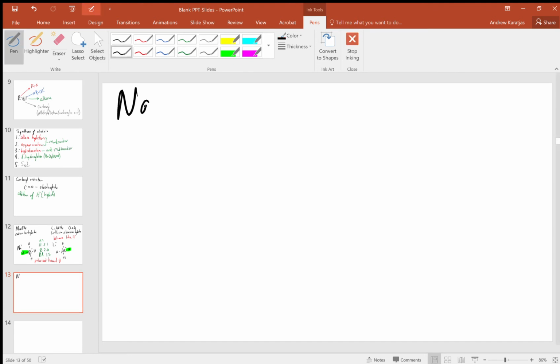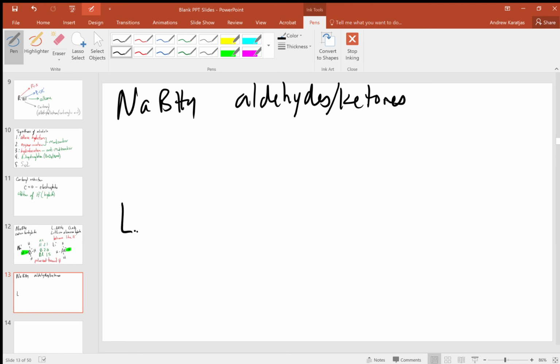So NaBH4 is great for aldehydes and ketones. On the other hand, LAH, which is much more reactive, the reason it's more reactive is because it has a larger electronegativity difference between the hydrogen and what the hydrogen is attached to.